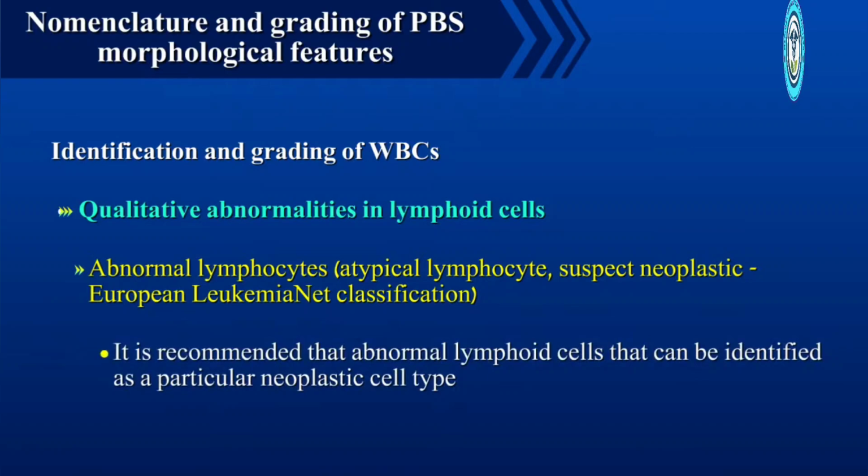It is recommended that abnormal lymphoid cells that can be identified as a particular neoplastic cell type, for example, hairy cells, lymphoma cells, and prolymphocytes, and plasma cells in plasma cell myeloma or other plasma cell dyscrasia be included in the differential as that cell class.